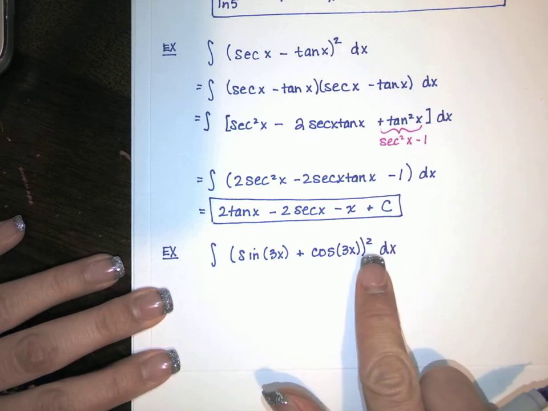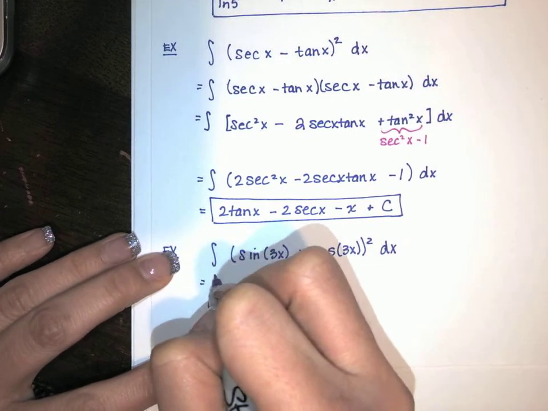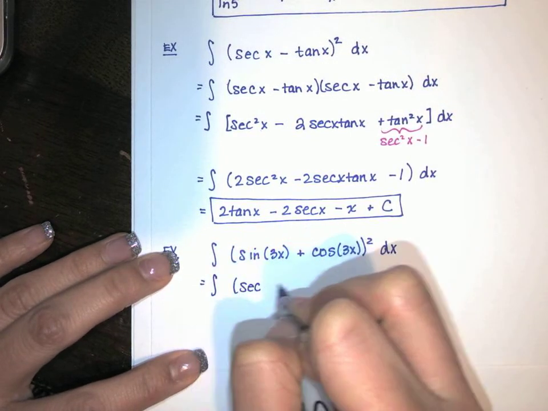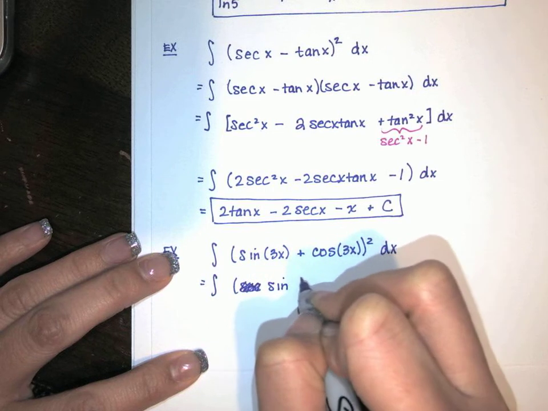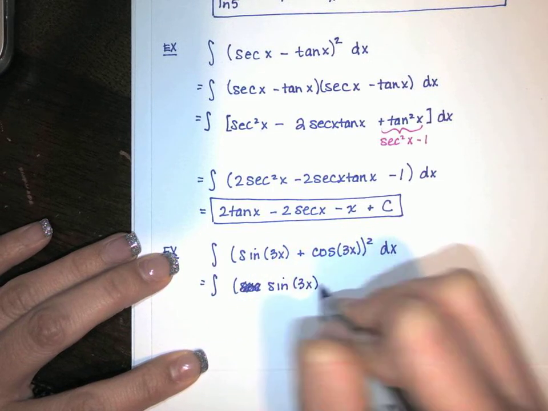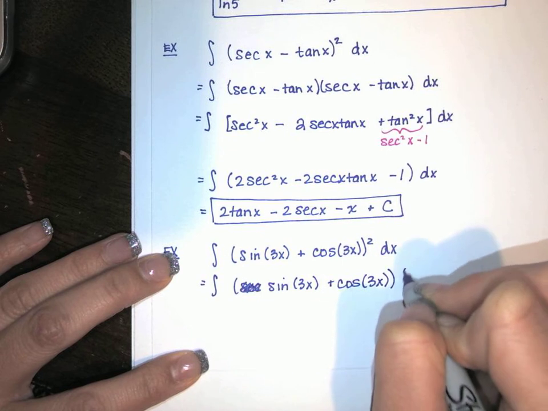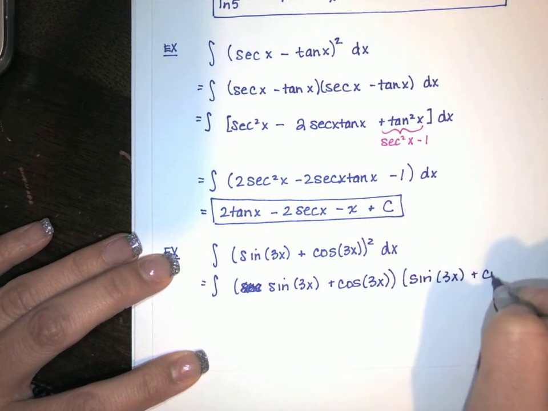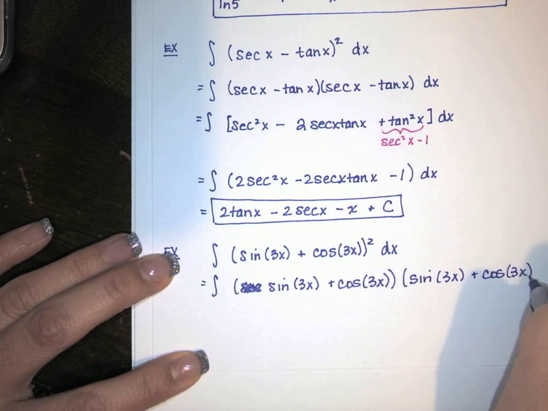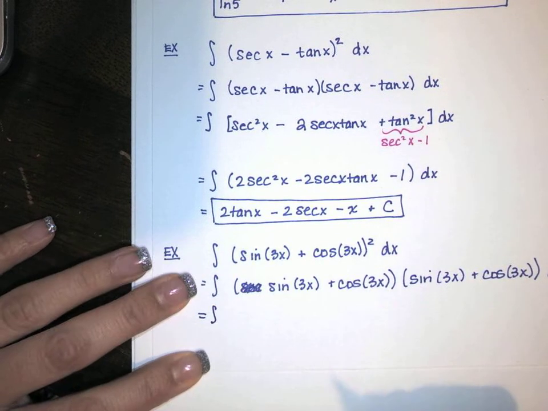But with that 2, I'm going to have to write it twice in FOIL, so I expand the binomial. It's like our first technique. Oops, I don't know why I wrote secant. And then FOIL.